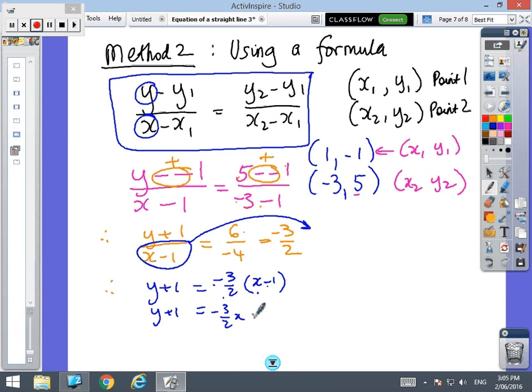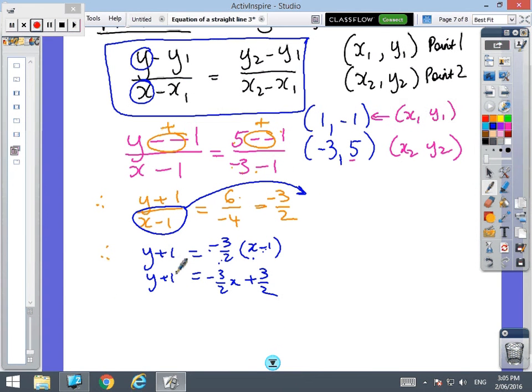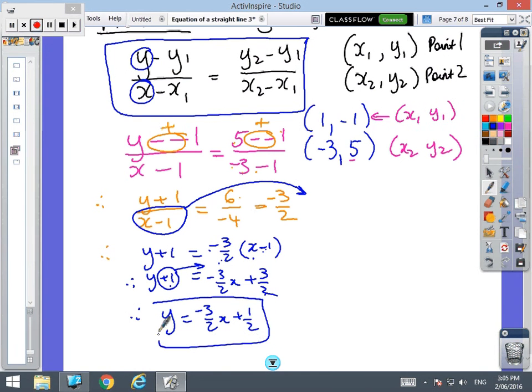A minus times a minus is a plus. 3 on 2 times 1 is 3 on 2. That's okay. And then that 1 becomes a minus 1. So you get minus 3 on 2x, 3 on 2 minus 1 is plus a half, which is the exact same answer that we had on the previous page.